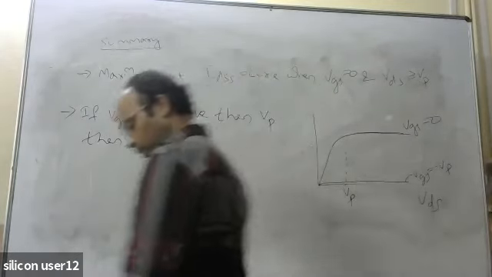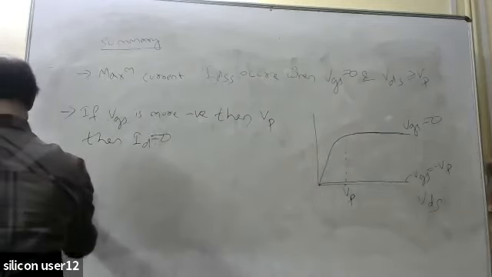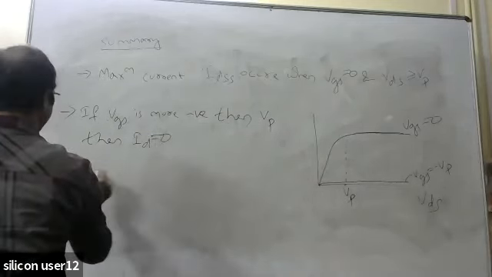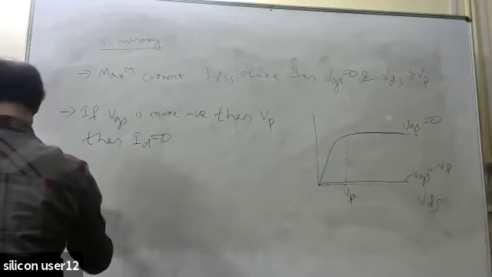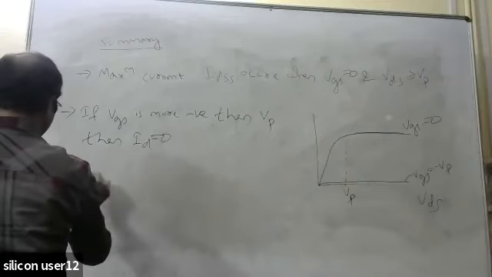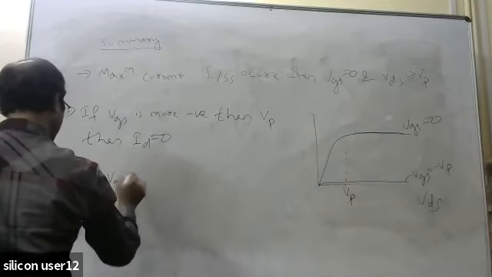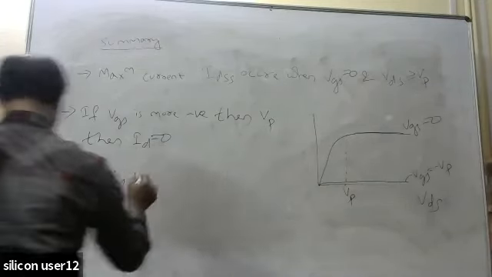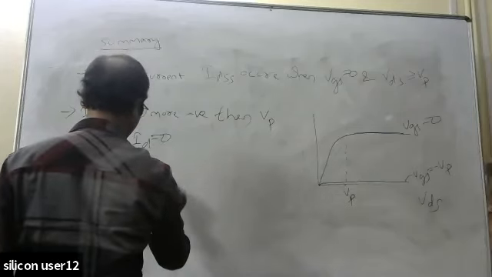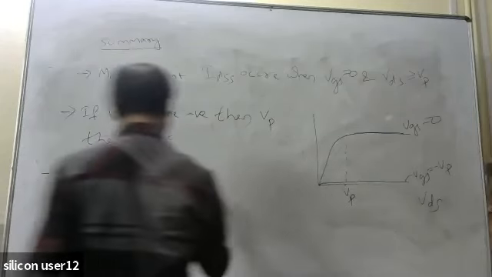What is the third point? If VGS lies between 0 and VP, 0 less than or equal to VGS less than or equal to VP mode.